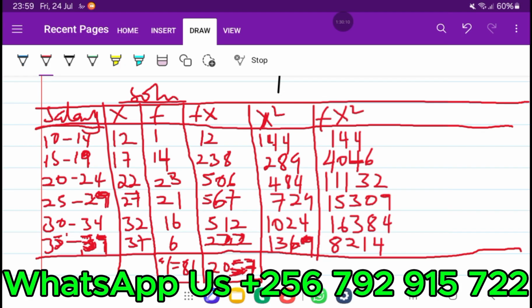But I need the total here, summation fx squared. If I add up all those, they will give me 55,229.